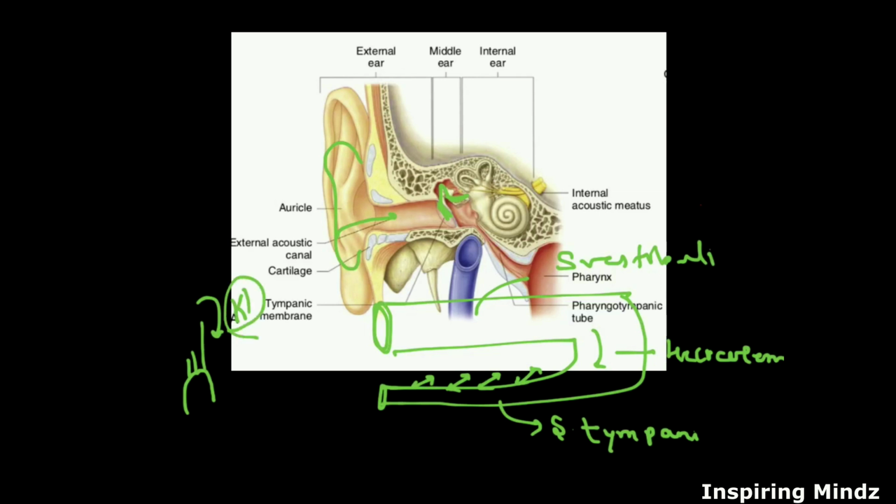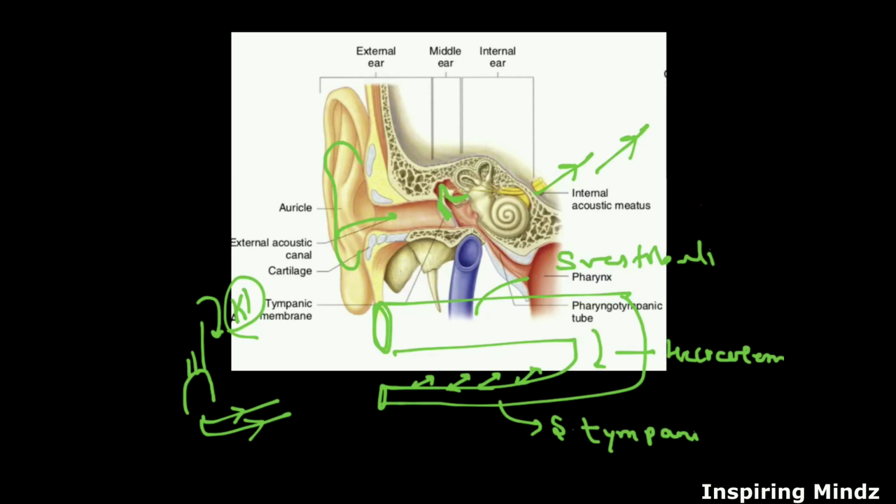That will lead to the generation of electric impulse. So this impulse travels in the cochlear nerve if the summating potential is sufficient to develop the action potential. Okay, so this will develop stimulation of the cochlear nerve.